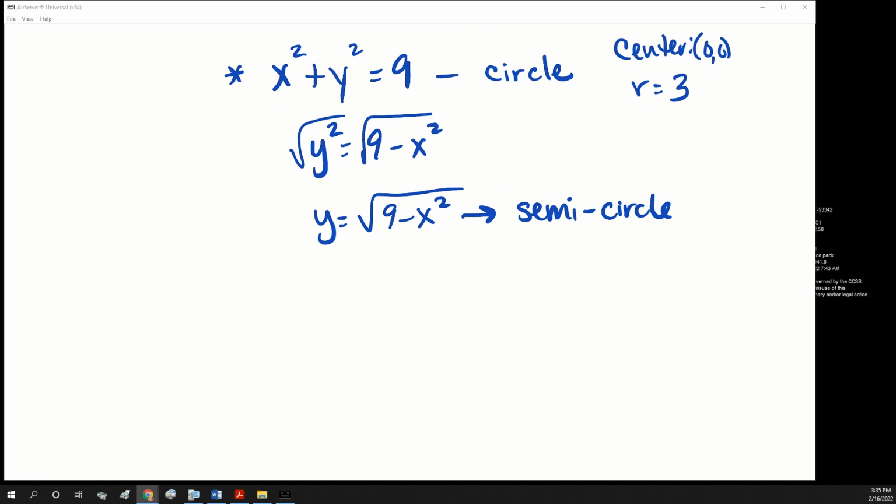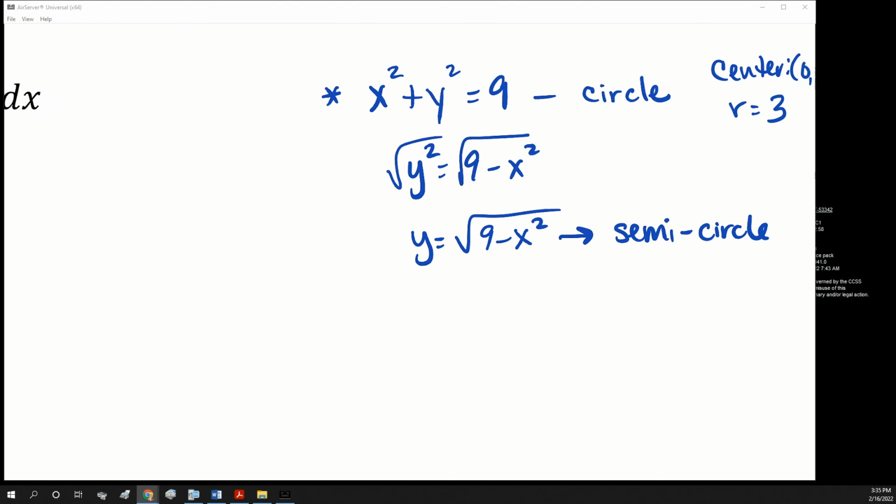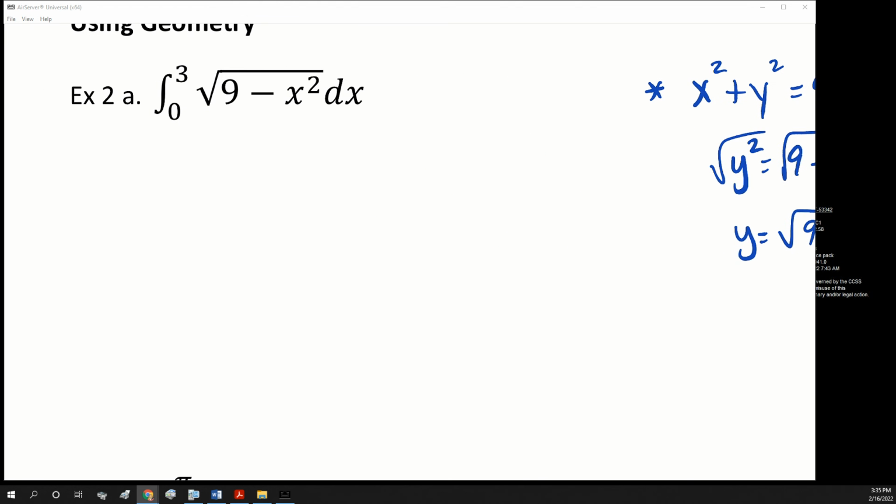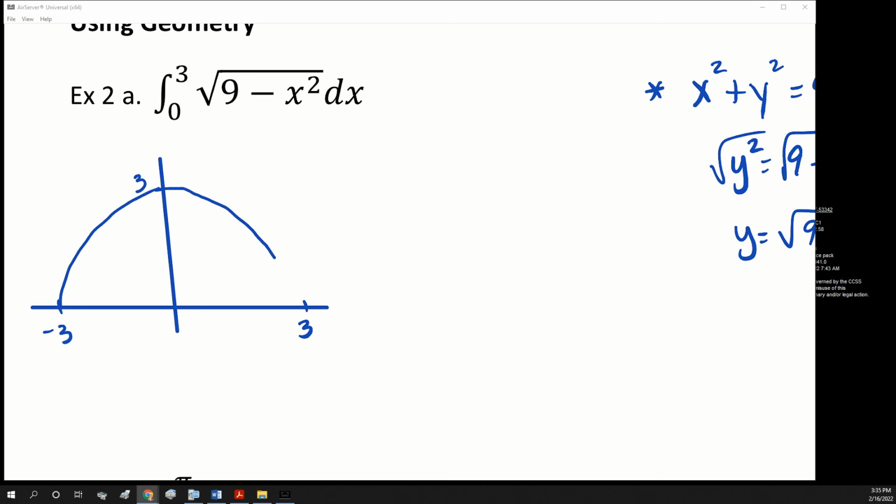Okay, so hopefully next time you see that, you might recognize that that's going to be a graph of a semicircle. The radius is going to be 3, and it is going to be the top half of the circle. That's not a great circle.